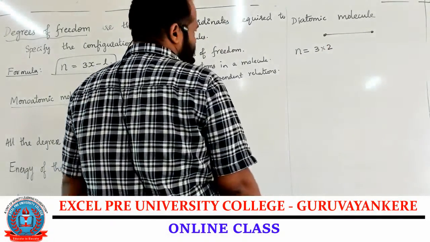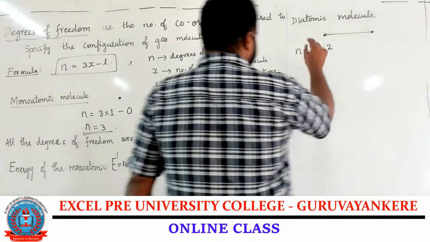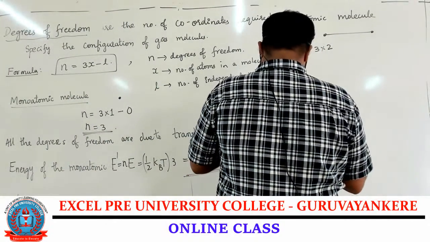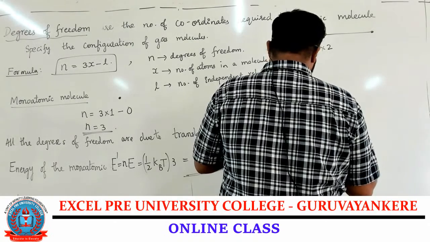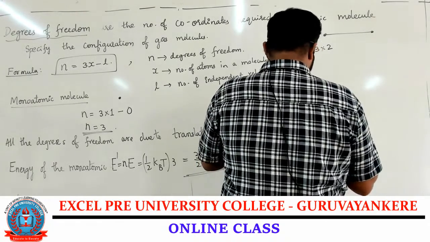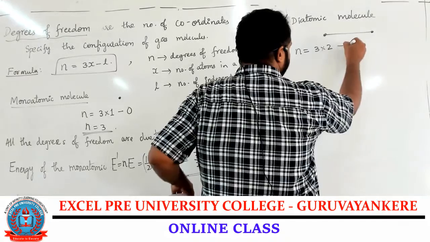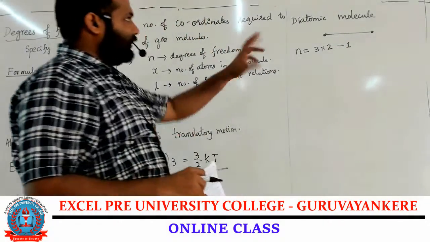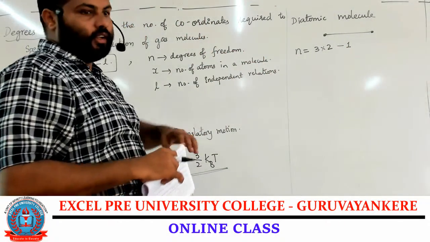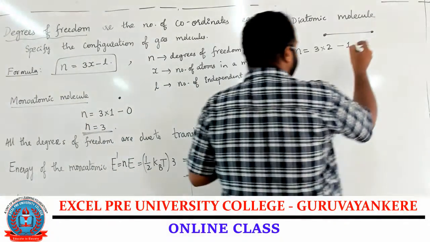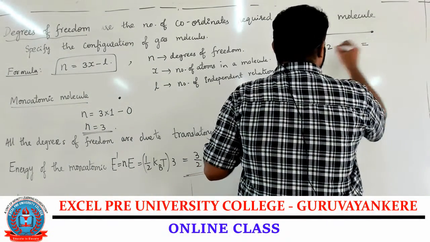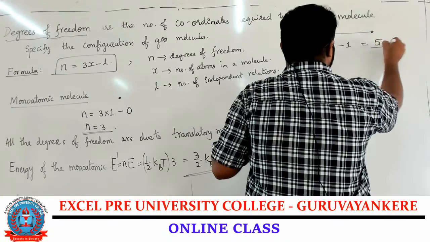The number of independent relations between them is 1, because they are connected. So each atom is connected to the other, there is one independent relation, so that is 5.